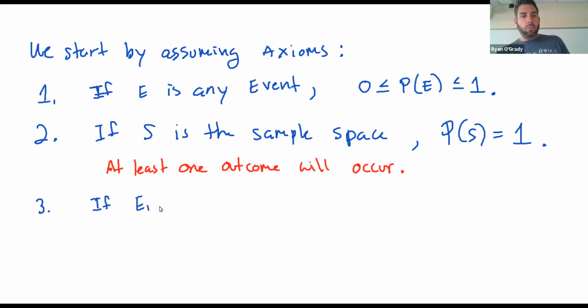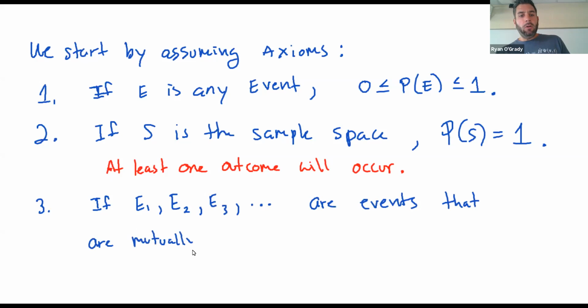So if E sub 1, oh boy, E sub 2, E sub 3, and this goes on and on and on, are events. Now we're going to say a phrase here that we're going to have to define: that are mutually exclusive.